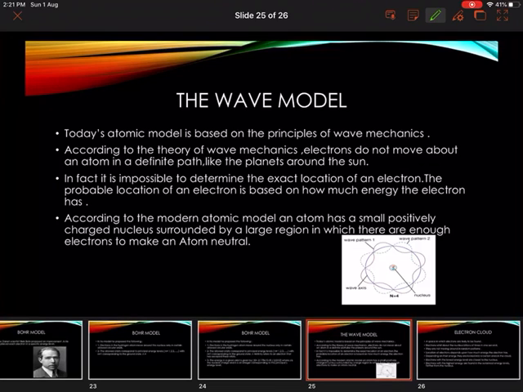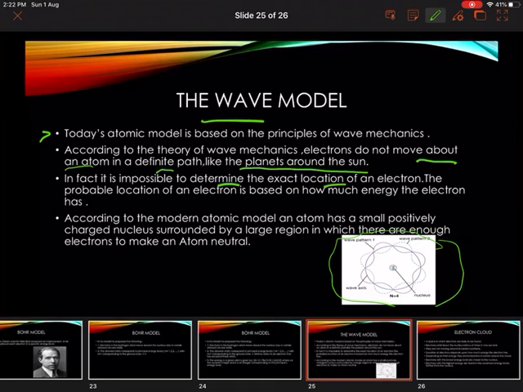After Bohr came the modern scientists, who proposed the wave model. Today's atomic model is based on the principles of wave mechanics. According to this theory, electrons do not move about an atom in a definite path, like planets around the sun, as the earlier scientists suggested.